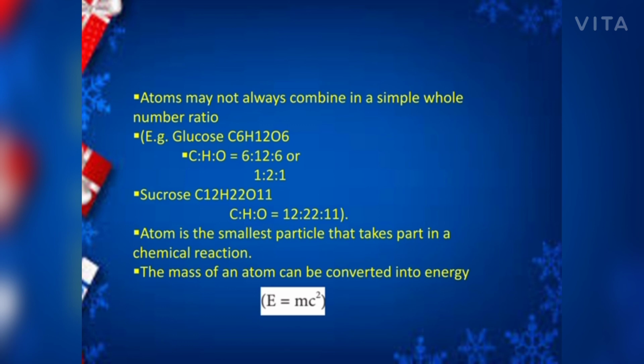It consists of carbon, hydrogen and oxygen in the ratio 6:12:6, simple ratio 1:2:1. Sucrose chemical formula is C12H22O11. Here the elements carbon, hydrogen and oxygen are in the ratio 12:22:11. So, an atom is the smallest particle that takes part in a chemical reaction.